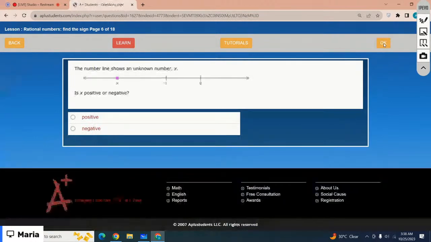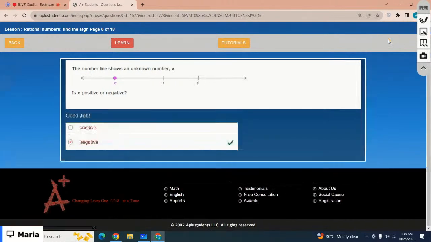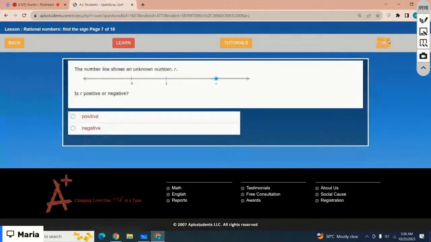Okay, the number line shows an unknown number x. Is x positive or negative? Which is the correct option? So x is on the left hand side of the 0. That means x is negative. The number line shows an unknown number r.